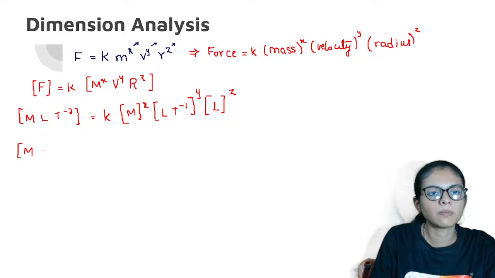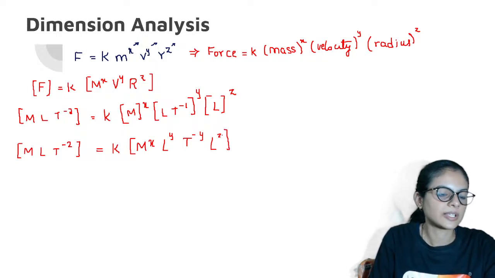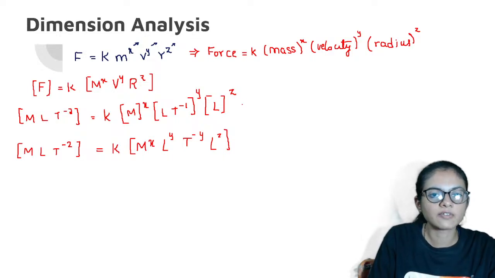See here, M L T minus 2 is equal to K times, now I'm going to combine this equation, M power x, L power y, T power minus y, and L power z. Tell me, is this step clear or not? Because this step is important. What did I do?